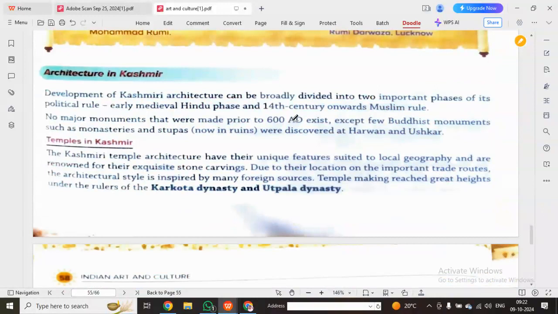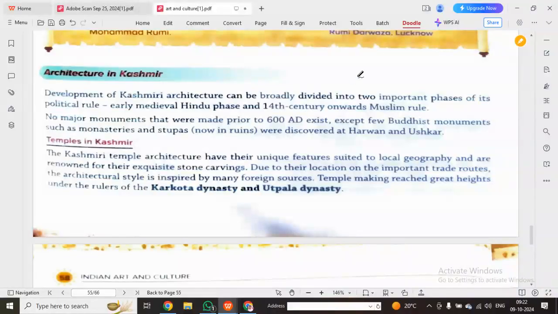Political rule: the early medieval Hindu period, and the second one is the 14th century onwards, the Muslim rule.